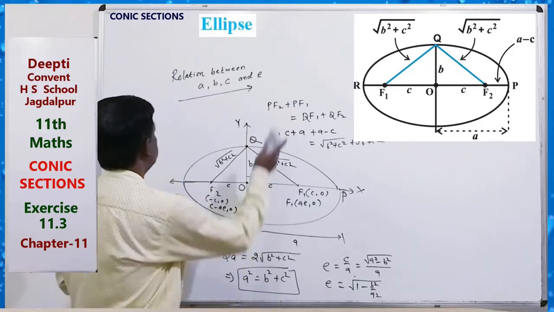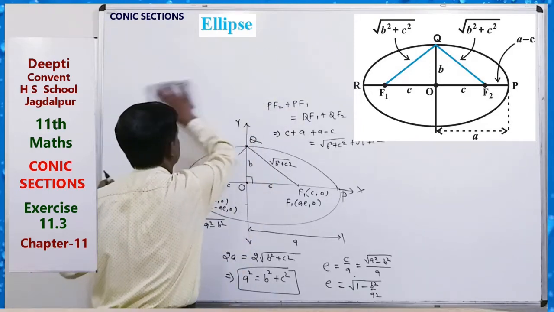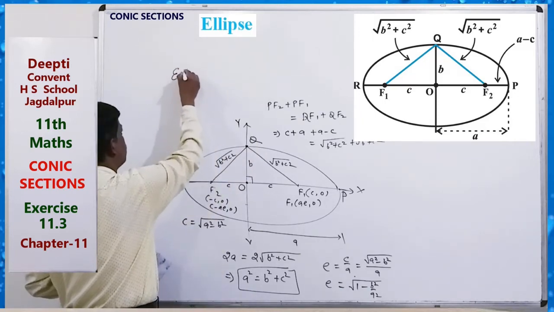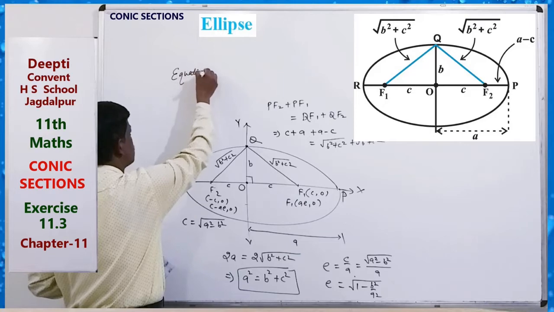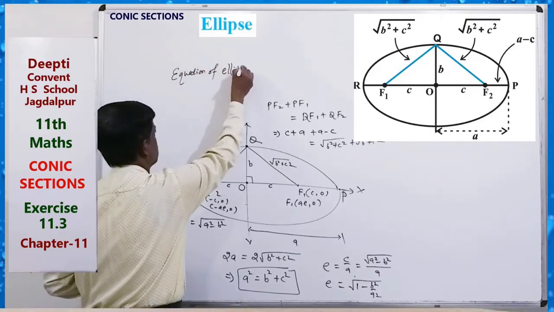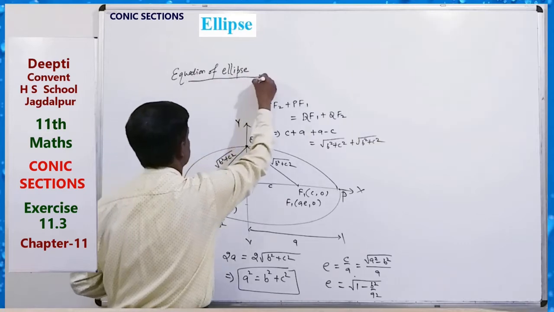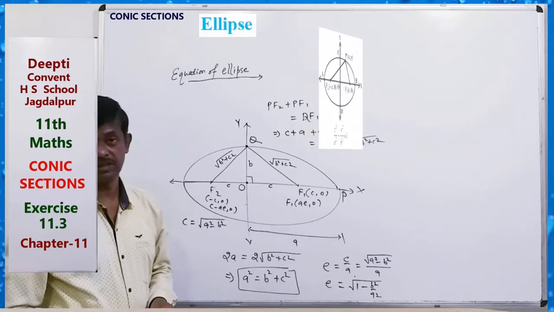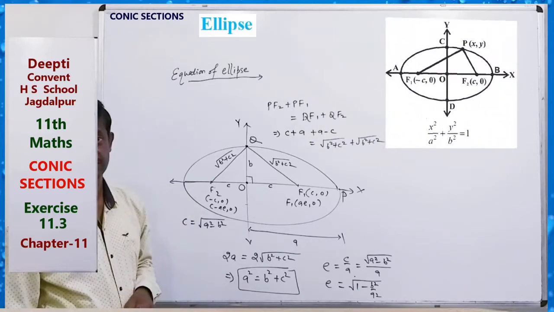Now, derivation of the equation of ellipse. Equation of ellipse. This diagram is what? Ellipse.